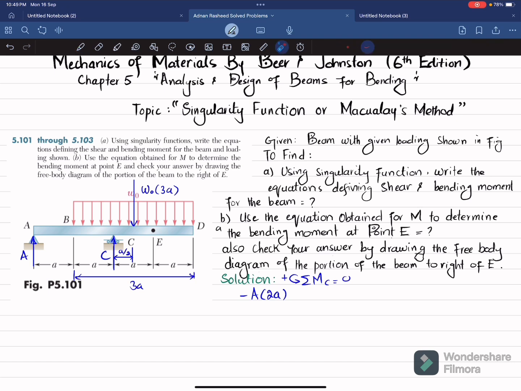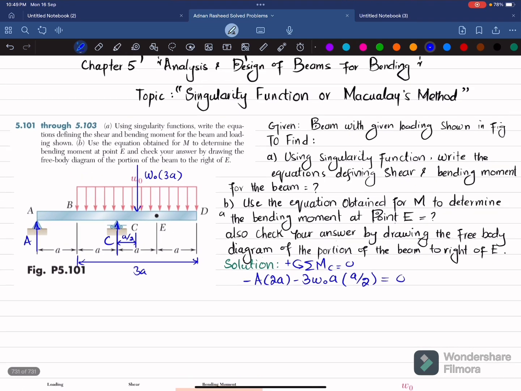The second moment produced about point C is this W naught into 3A and perpendicular distance is A by 2. And this is also producing clockwise, so it is also negative. So I will write minus 3 W naught into A by 2 is equal to 0. The sum of all moment about point C is equal to 0.